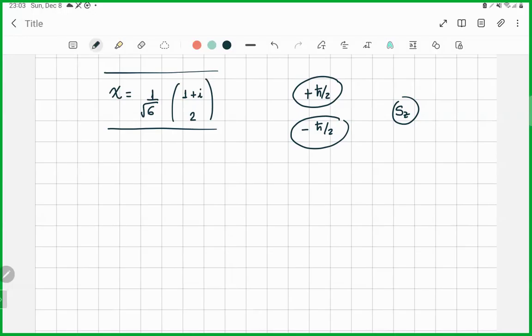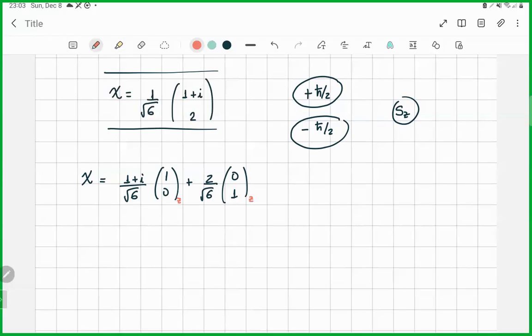So this state is written as (1 plus i) over square root of 6 for that vector (1, 0), which is the one pointing up, and 2 over square root of 6 for that vector (0, 1). And so this is the eigenvector, the eigenstate of the SZ. This is another eigenvector of the SZ.